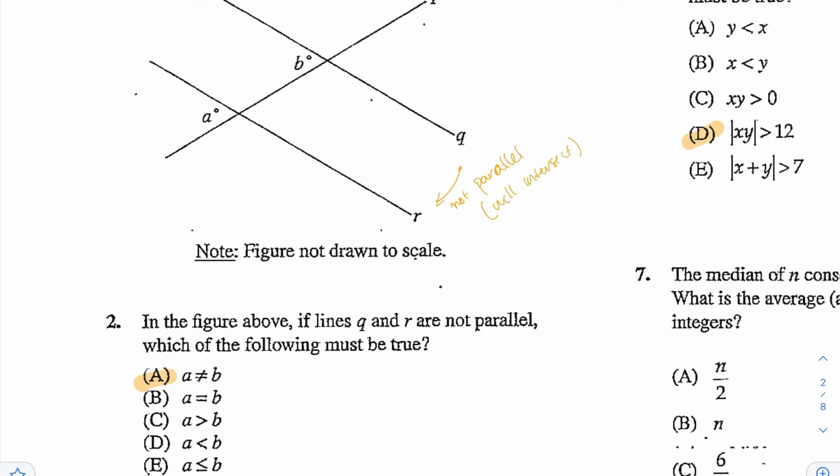So if they were parallel, you know that A would have to be equal to B, and that's because A and B are called corresponding angles. Or they would be corresponding angles if it were parallel. But since they're not parallel, we know that A cannot be equal to B. So that's choice A.